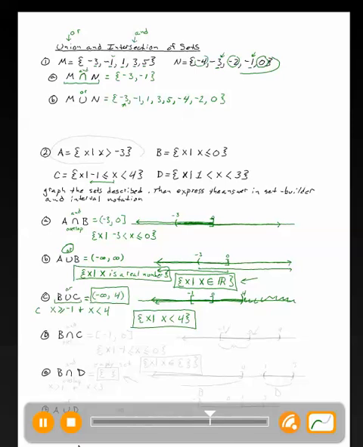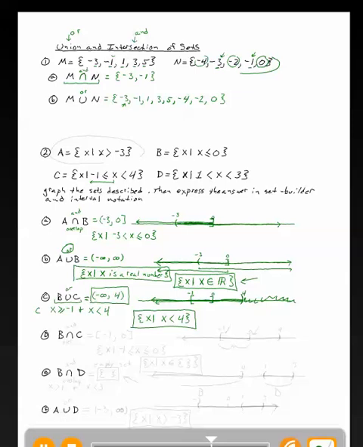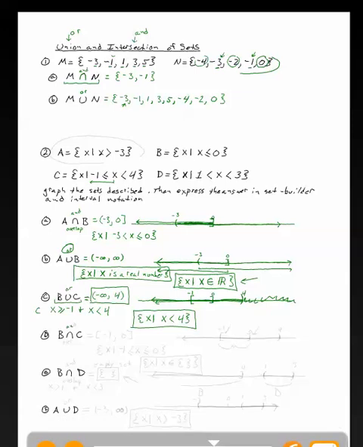So now what we want to do in example D is we want to get the intersection, which means and, or overlap. So we want all elements that are in B and also in C. So if we draw our graph again, we know that B is less than or equal to 0.